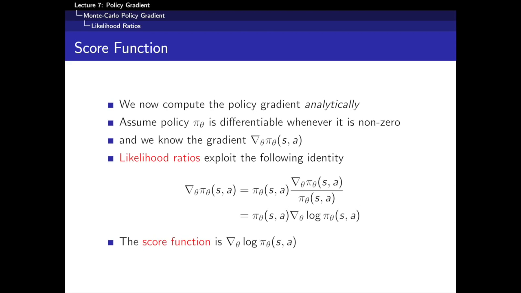Okay? So that's just straightforward calculus. And this term over here is a very familiar quantity from statistics and machine learning. It's sometimes called the score function. If you were doing something like maximum likelihood learning, this is the term which would come up. If you were just trying to maximize the likelihood of some action A, which someone gave you, you would follow this gradient.